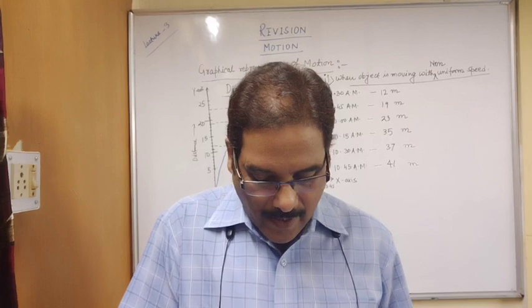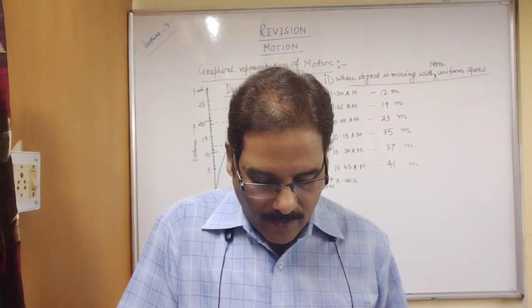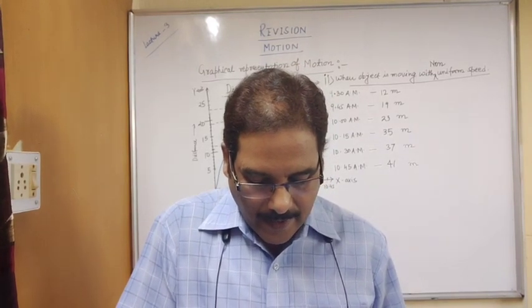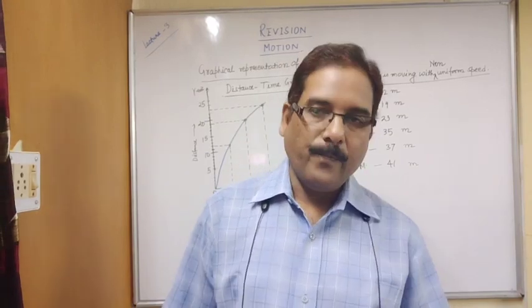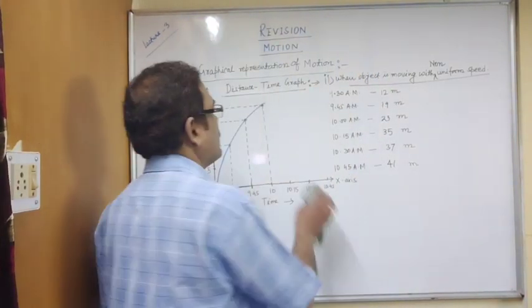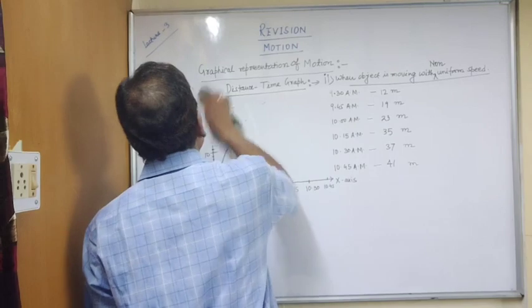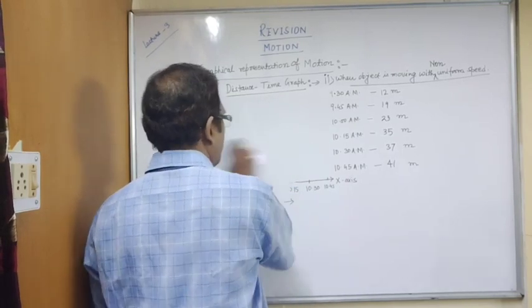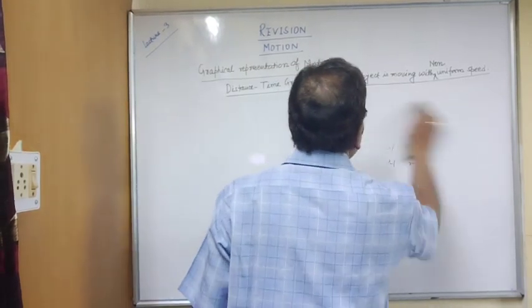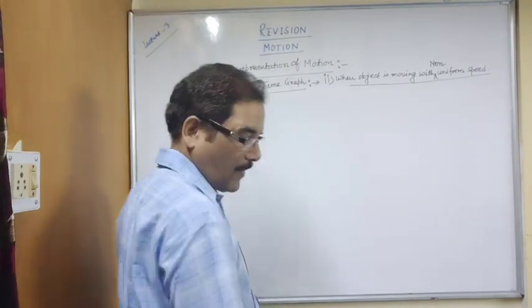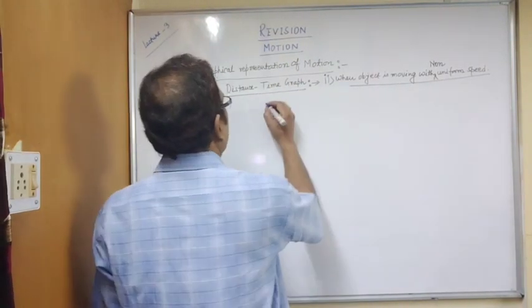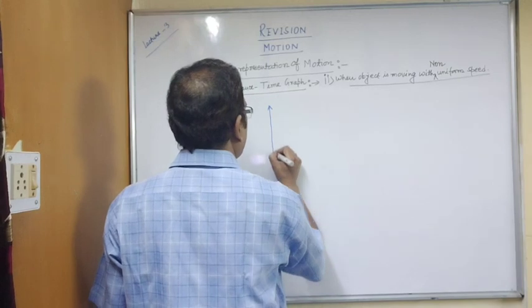Now, what can you say about the motion of an object whose distance time graph is a straight line parallel to the time axis? Now, look at this. Suppose a distance time graph is like this.